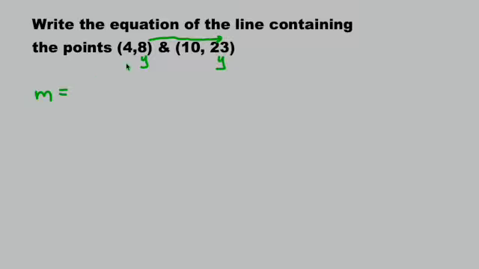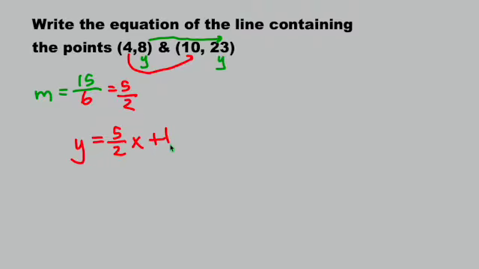So our change in y is positive 15. And then if we look at x, x is 4 and it's going to become a 10. So to get from 4 to 10, we're going up 6. And we can reduce this by dividing both of them by 3. So we would get 5 over 2. So now we know the slope. So we're already halfway there. So y equals 5 halves x plus b.